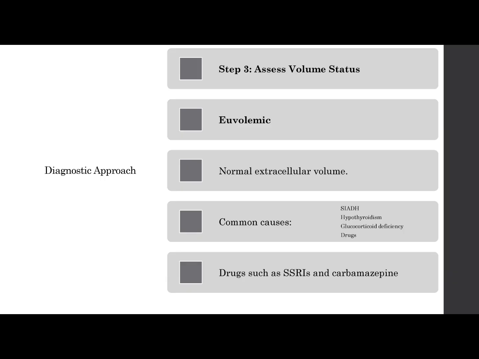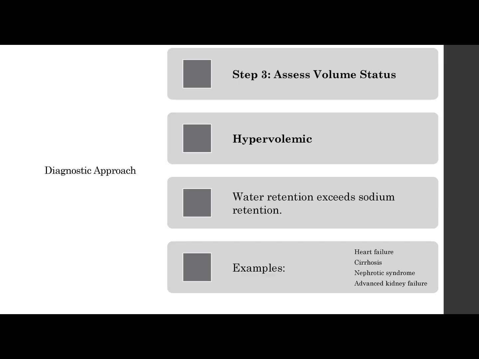Common causes: syndrome of inappropriate antidiuretic hormone, hypothyroidism, glucocorticoid deficiency, and drugs such as SSRIs and carbamazepine. Number 3. Hypervolemic. Water retention exceeds sodium retention. Examples: heart failure, cirrhosis, nephrotic syndrome, and advanced kidney failure.